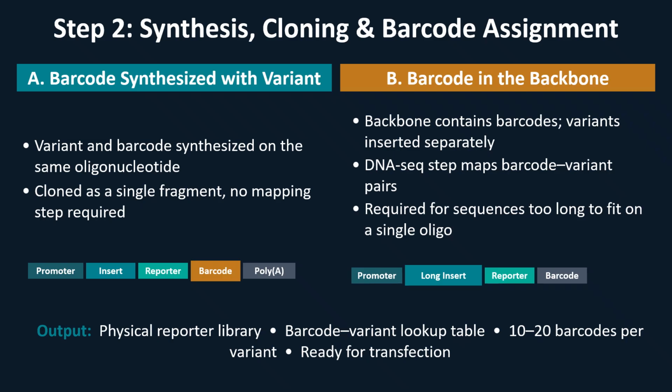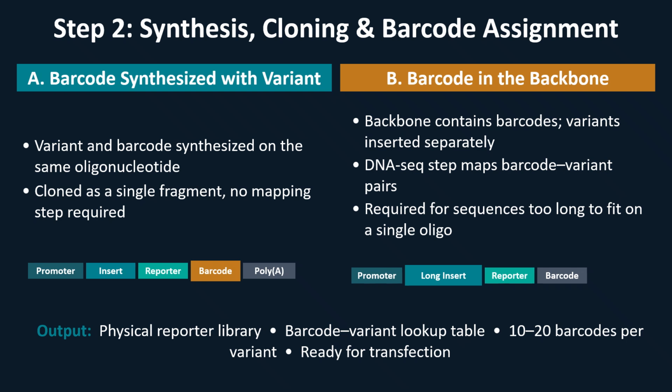Every barcode acts as an indirect pointer to a variant. So if the mapping is incorrect or incomplete, that error propagates into the labels used for modeling.